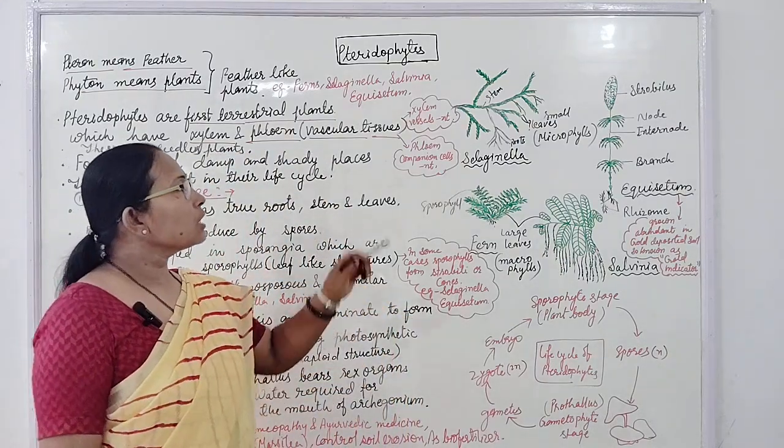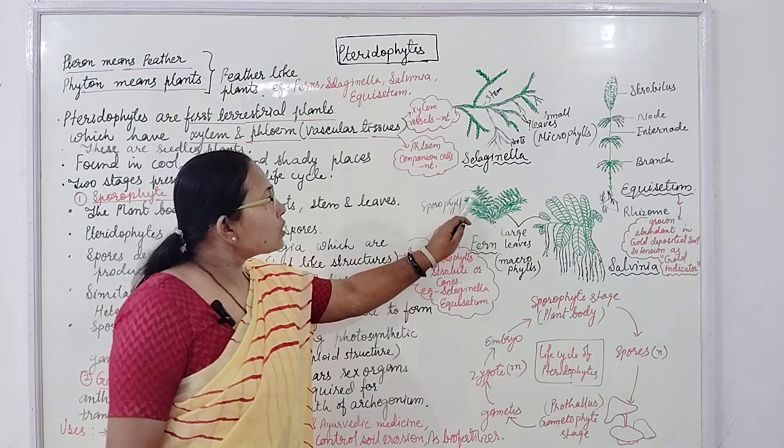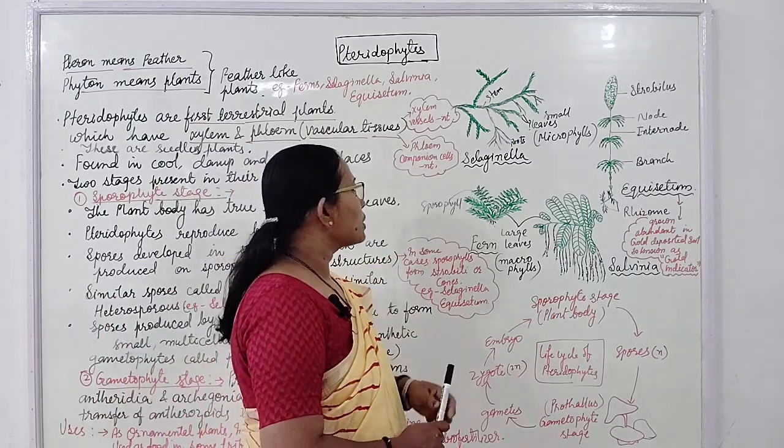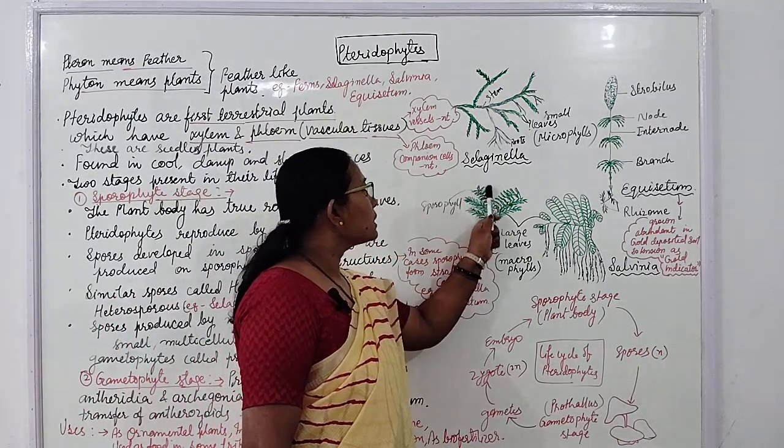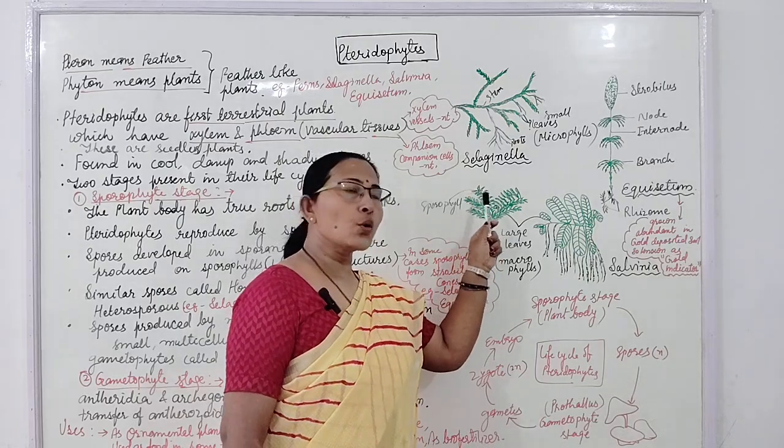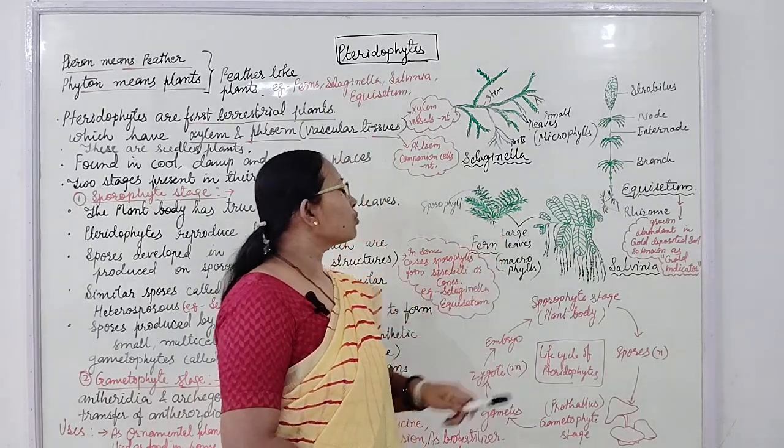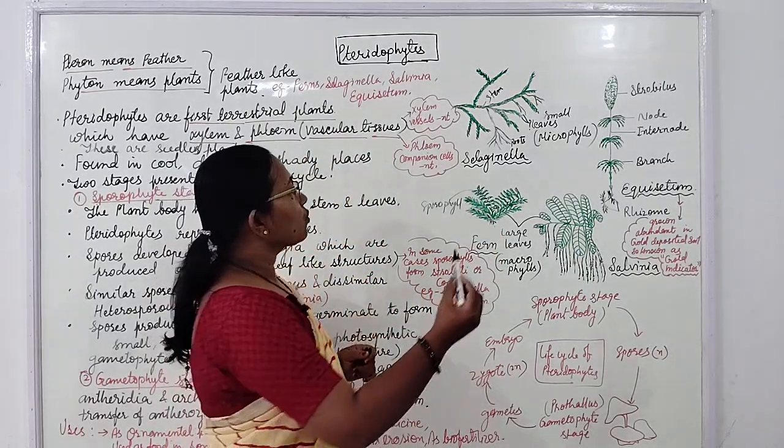Spores develop in the sporangia, and this leaf-like structure is called the sporophyll.